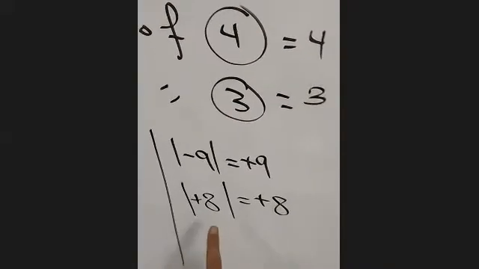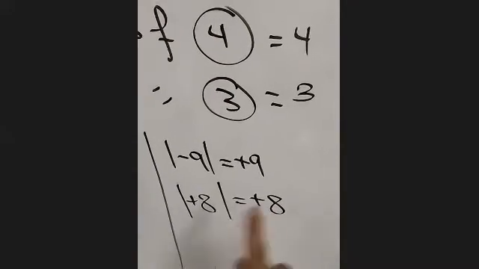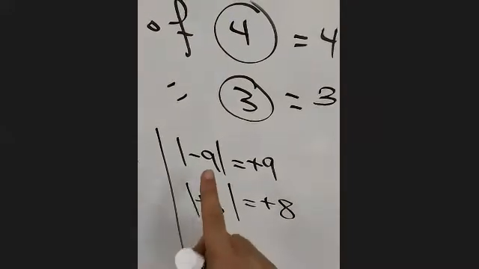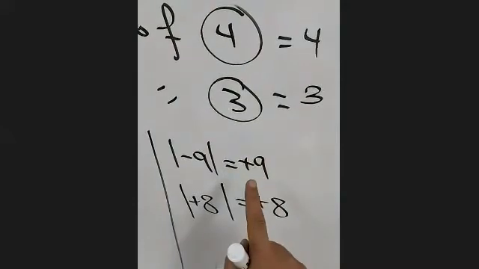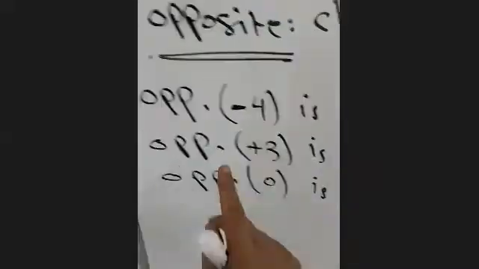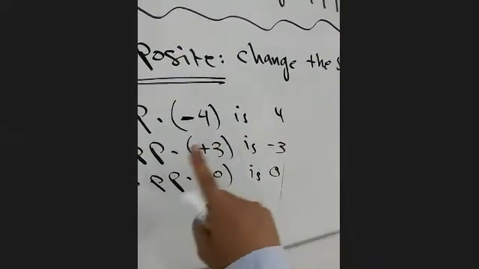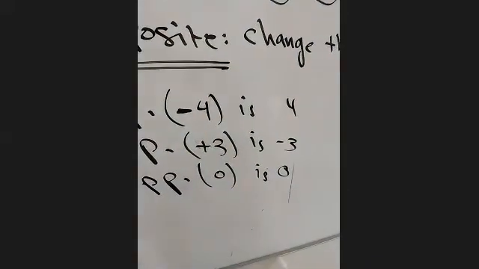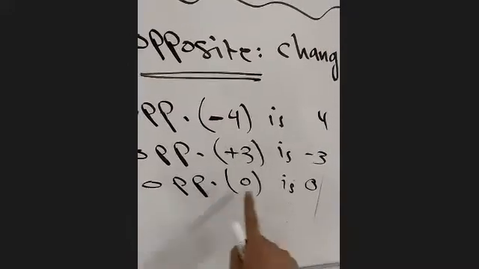So absolute value of the positive stays positive. But absolute value of the negative, turn it to what? Positive. This is different from the opposite. The opposite, we always change the sign. Opposite of 0 is 0.